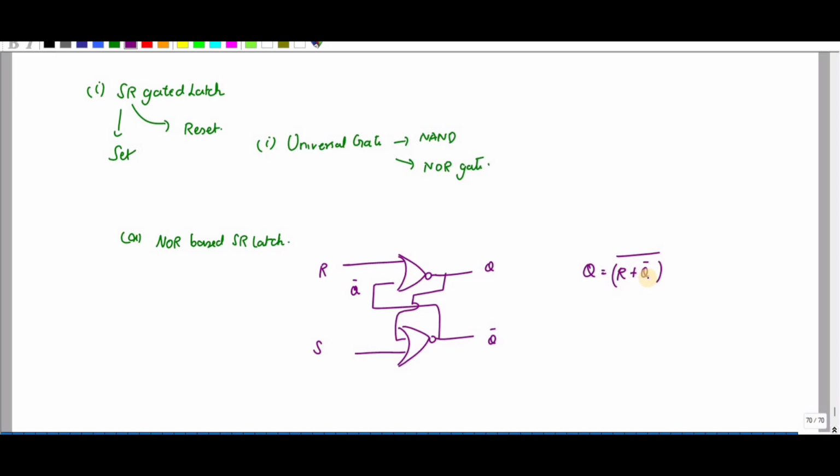Okay, so this I can write as R bar Q, right? So what is Q bar? Q bar is equal to Q plus S, the whole bar. That is nothing but Q bar into S bar.